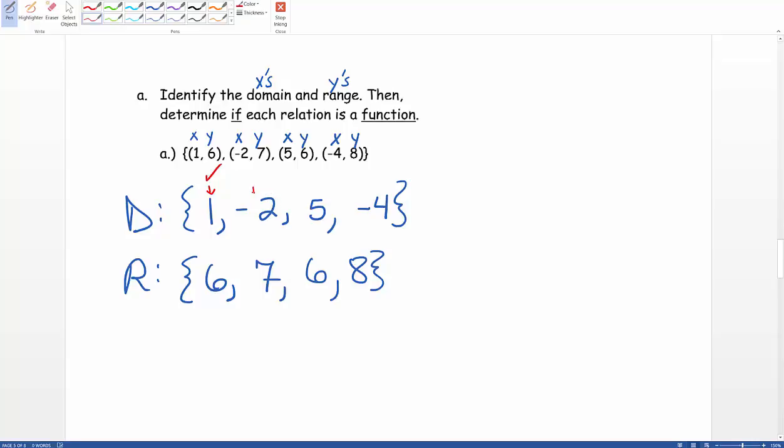Then looking at -2, there's no other -2s at all in our domain, so it also checks out. Looking at the next value 5, there are no 5s. It checks out. -4, same thing. Now since there's no repeating values for x in the domain, we would have a function in this case. So this would be yes, this is a function.